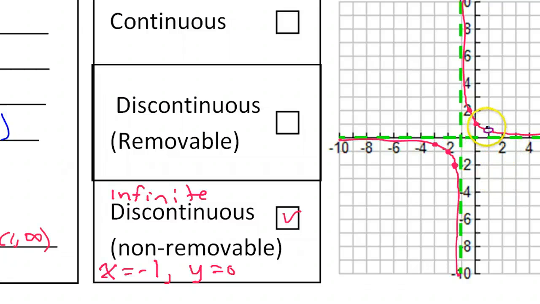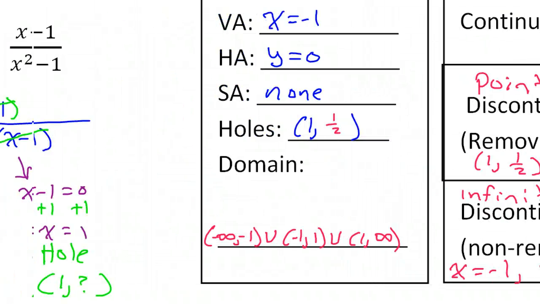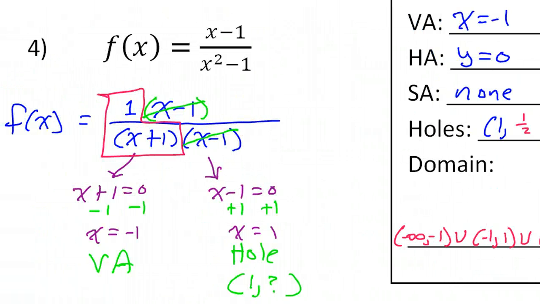Point discontinuity is considered removable. We do have one of those. All right, it is a point discontinuity, and specifically it is the point 1 comma 1/2 is the removable discontinuity. Alright, and that is it for problem number 4.